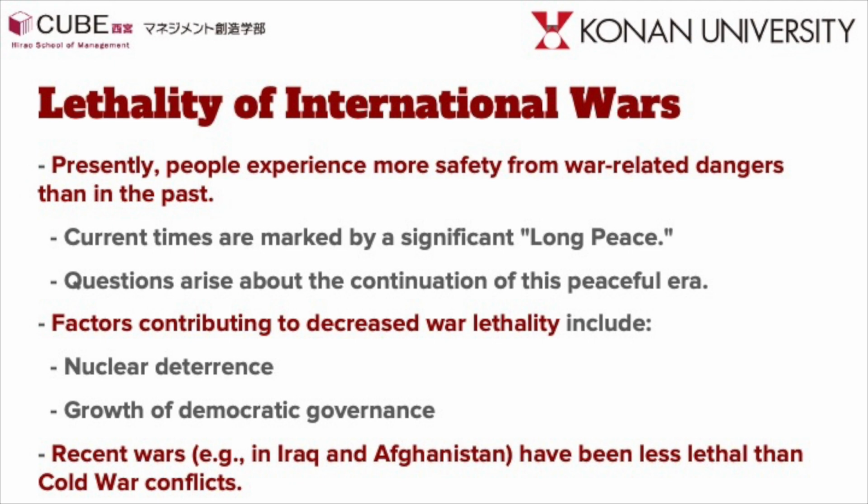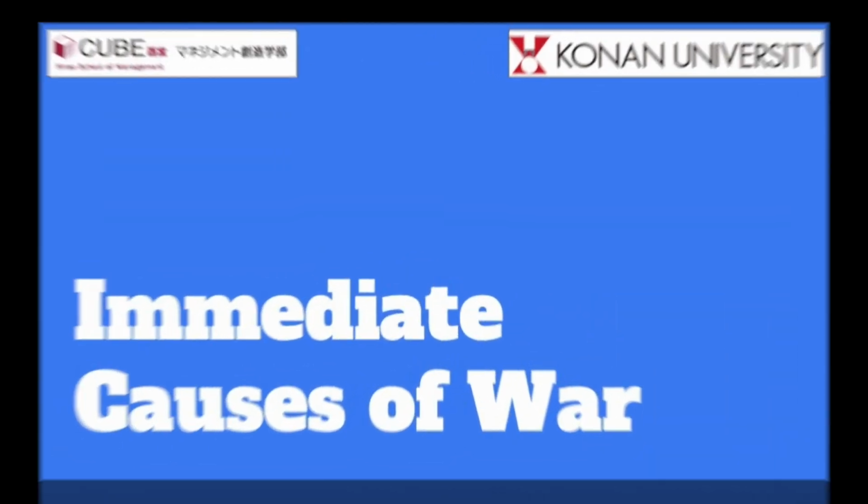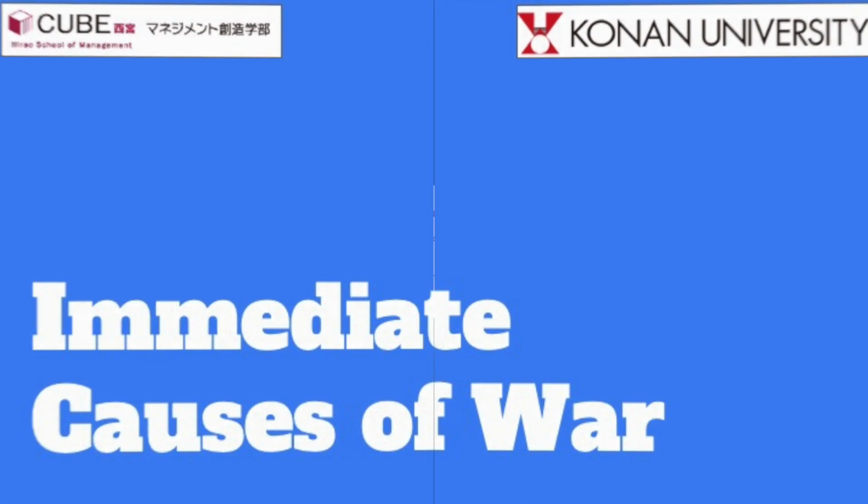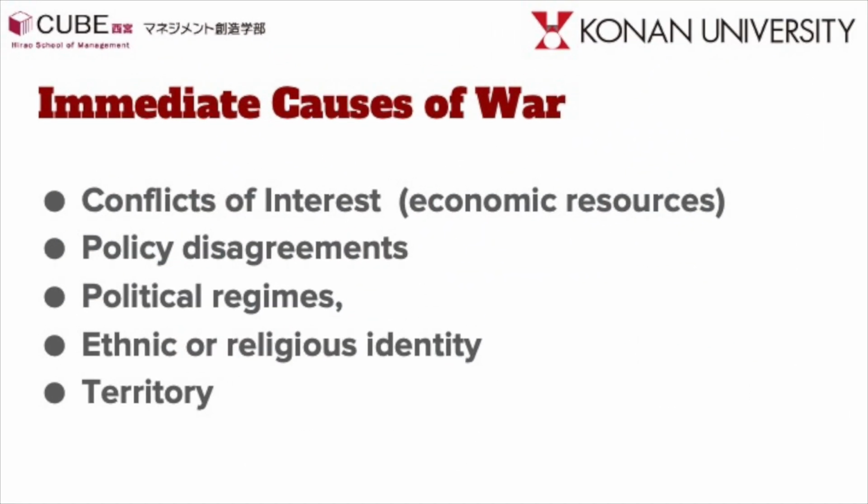Recent conflicts such as those in Iraq and Afghanistan have been less deadly compared to those that occurred during the Cold War era. So we want to move next to the causes of war, and especially the immediate causes of war. And we're going to talk about these 5 points.